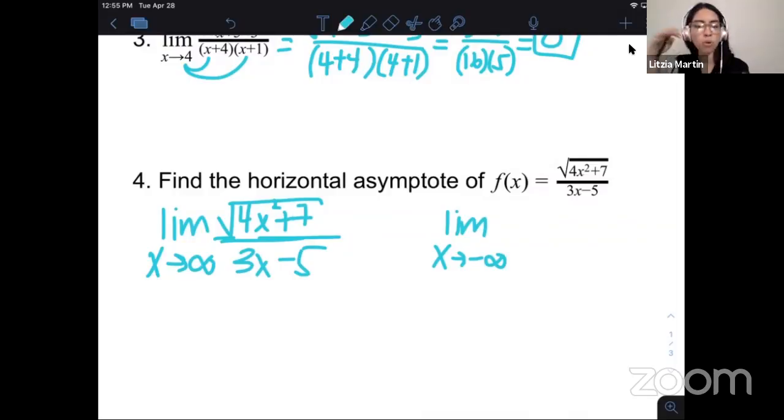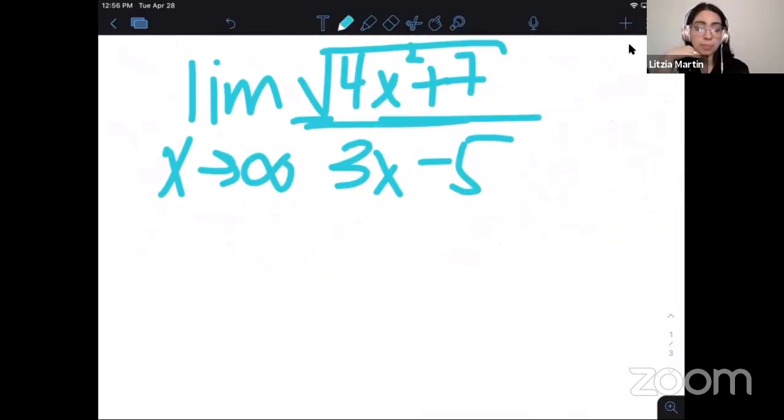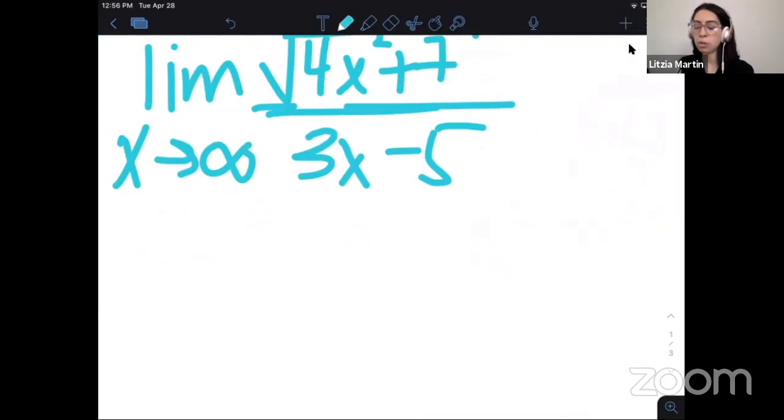Before we get into that, we're checking the limit as x approaches infinity. So we're thinking about plugging in really, really huge numbers. If we have a really huge number, you're multiplying it by 3, so you're making it even bigger, and then you're subtracting 5.